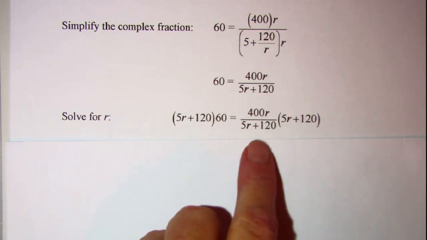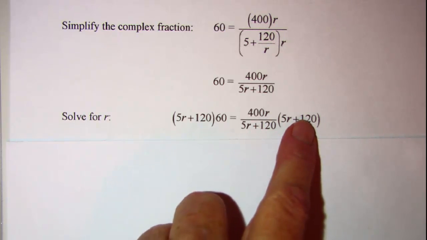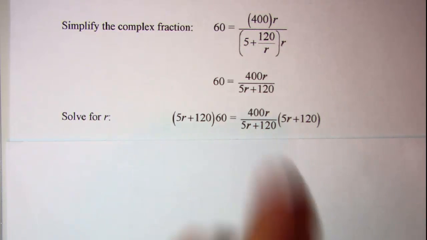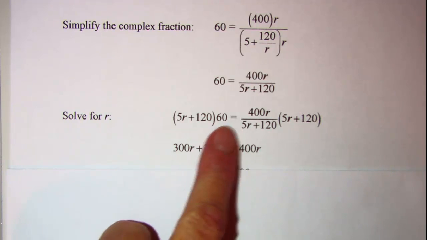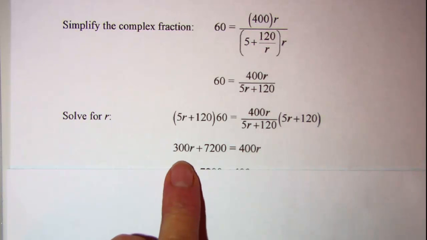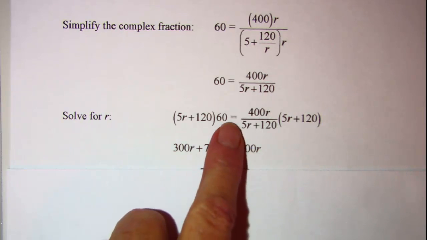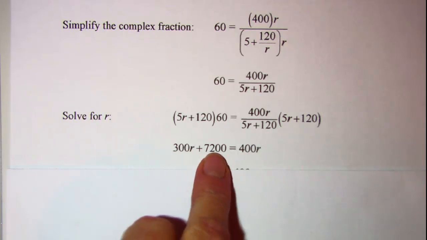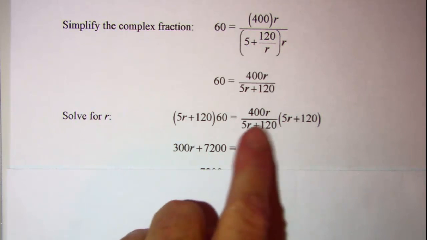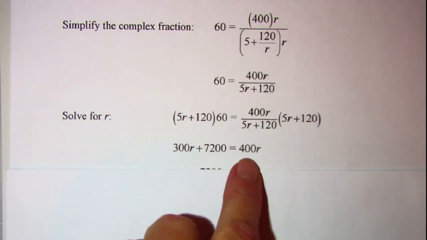So these two expressions cancel, and I have 60 times 5r is 300r, and 60 times 120 is 7200. And then again over here the expressions canceled and I just have 400r.